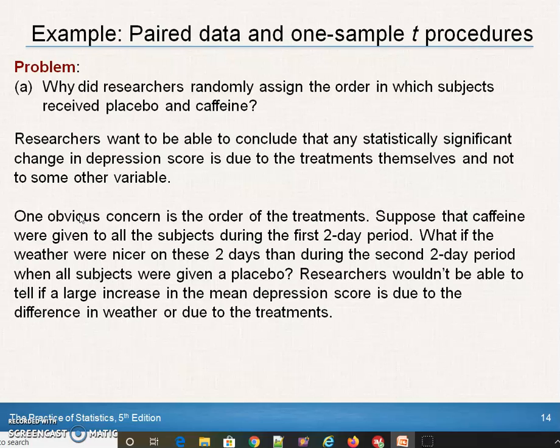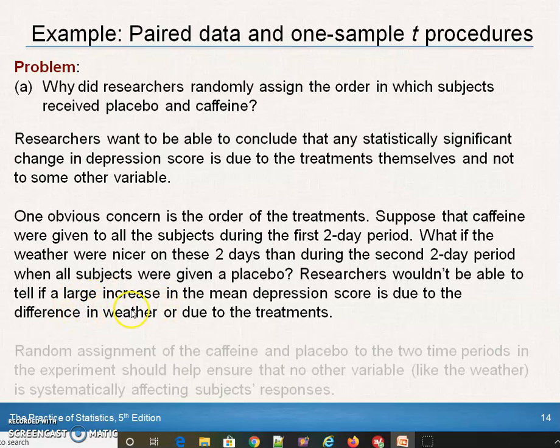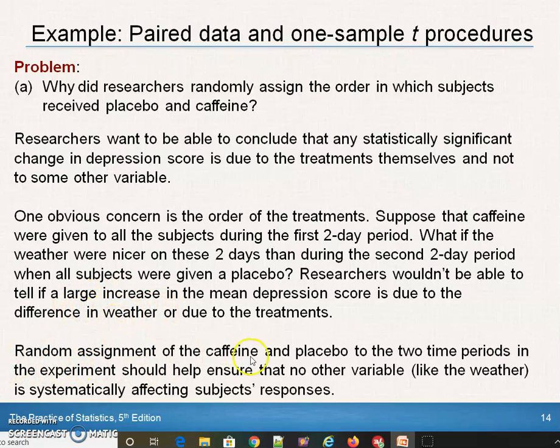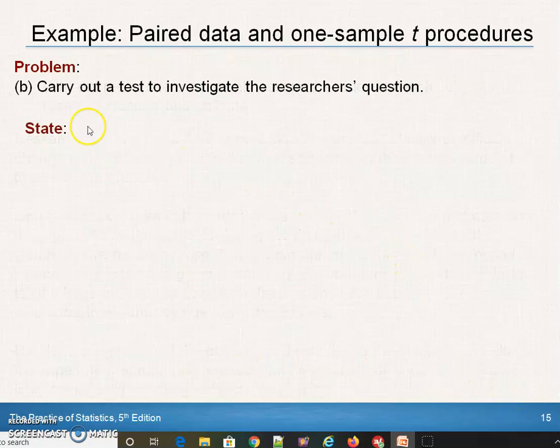You don't want anything outside, like the weather, to influence the scores. Random assignment of caffeine and placebo should help ensure no other variable, like the weather, is affecting the results.